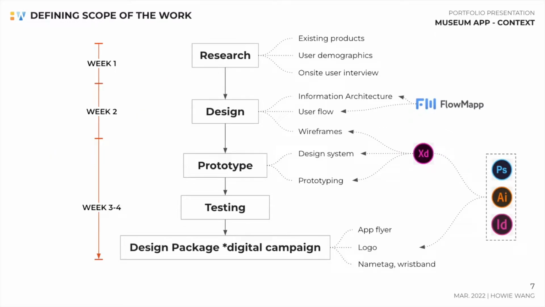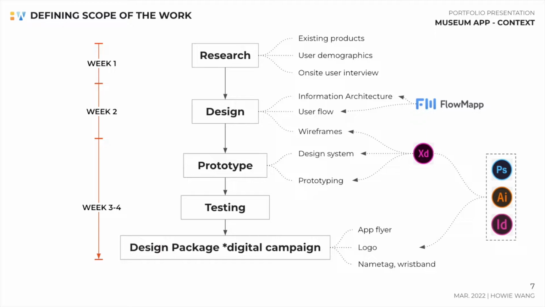And then I think about those higher level philosophies in mind, and then define the scope of the work and also schedule how much time I spend for each phase, starting from the research and taking a look at the existing product analysis, the user demographics, and then to conduct some on-site user interviews.